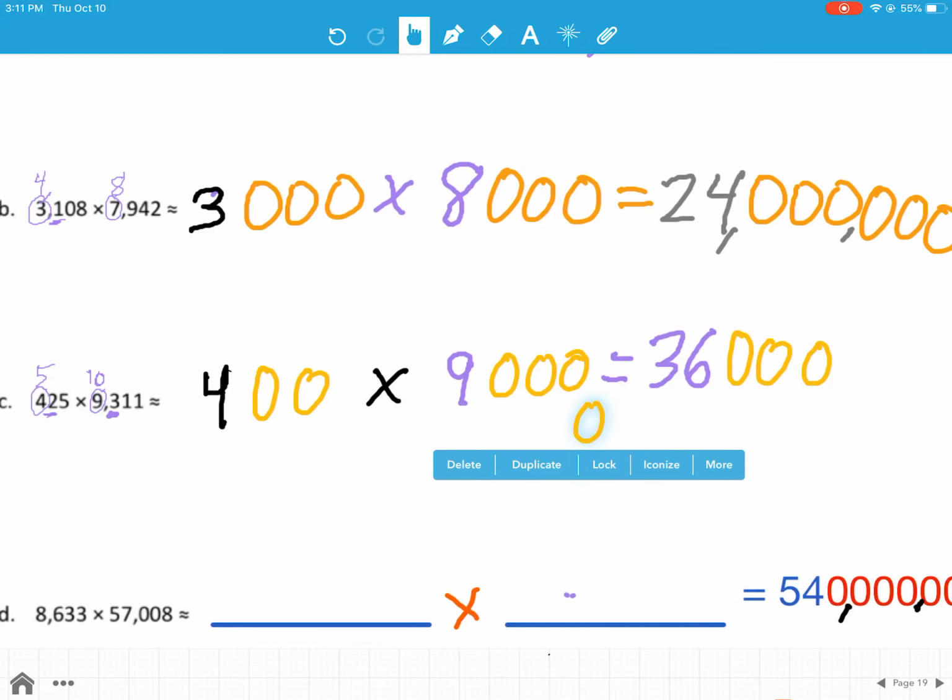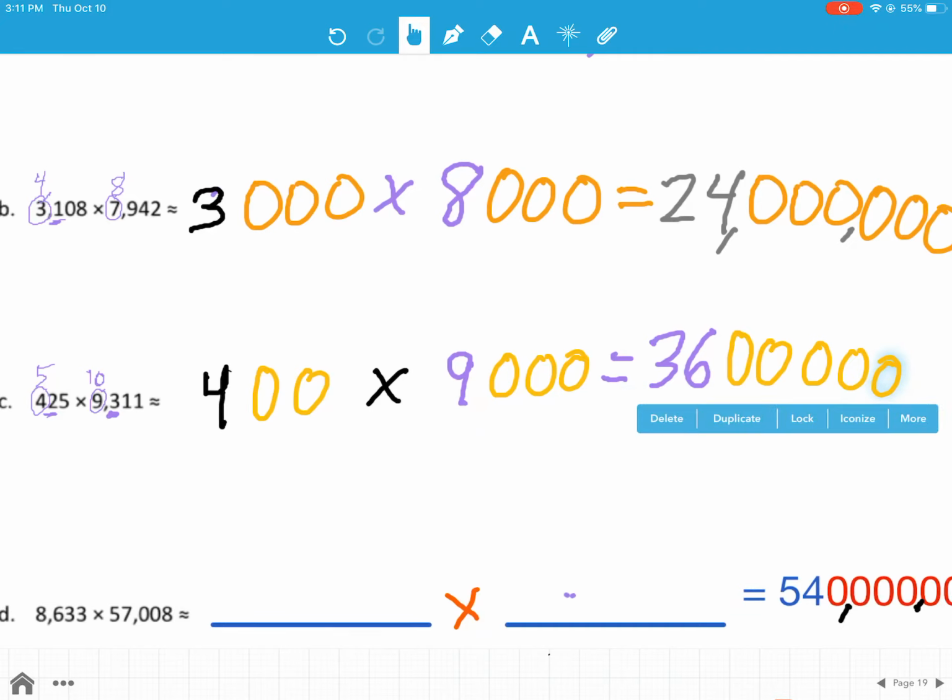We have 3 zeros here. Okay. That shows us that we have 3,600,000 for that one. And our 9 times 4 is an easy one that we can do. Those are our factors. 9 times 4 is 36.